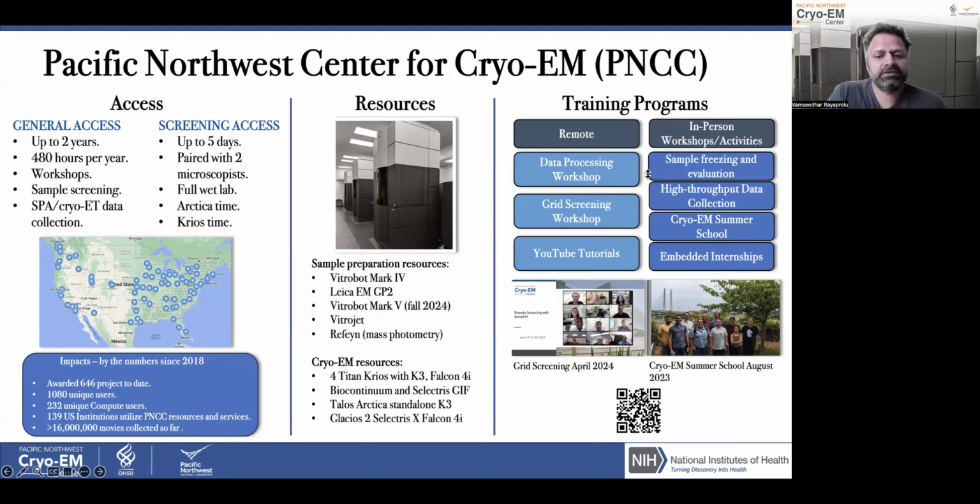One of our Krioses houses a Falcon 4i camera with a Selectris X energy filter. The other 3 Krioses also have Falcon 4i's but don't have an energy filter on them. For sample preparation, we have a Vitrobot, a Leica GP2, a Vitrojet, and several manual plungers, which we are actively developing and making better. So if you're interested in applying, our deadline is the first of every month. We look forward to hearing from you.